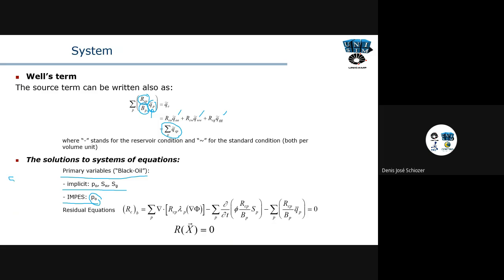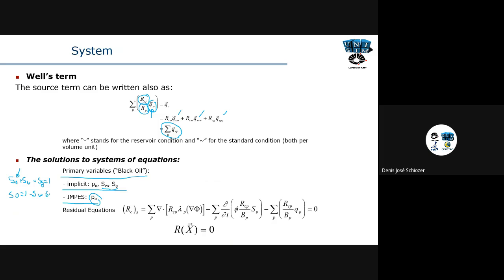But as we know that saturation of oil plus saturation of water plus saturation of gas is equal to 1, I don't have to write the equations in terms of saturation of oil. I'm going to write the equations only in terms of saturation of water and gas, because the saturation of oil is 1 minus the others, okay?